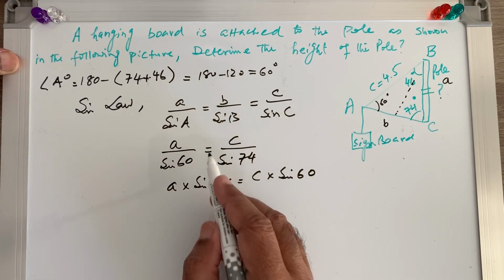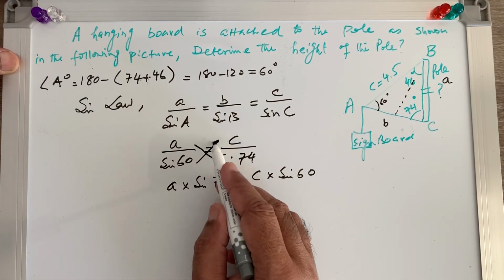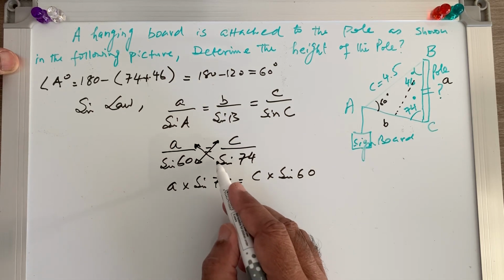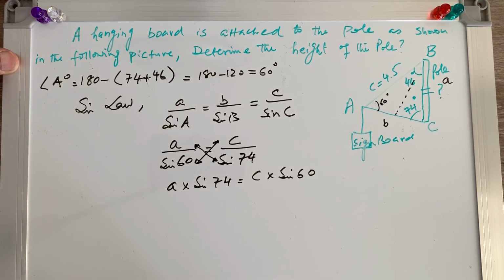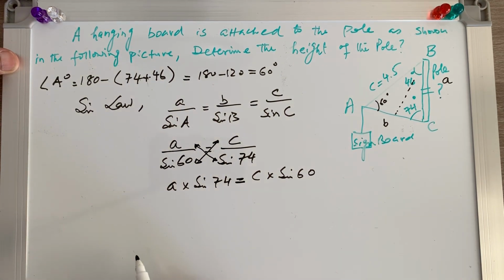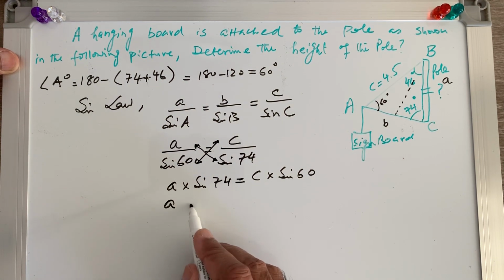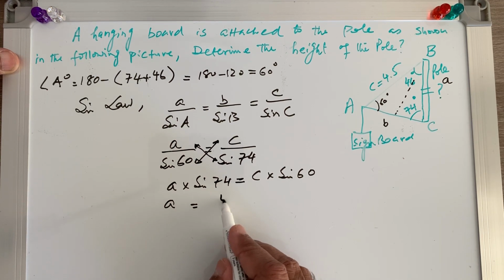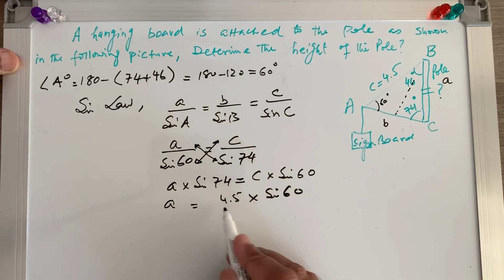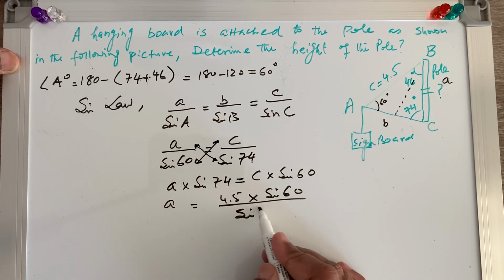This is called cross multiplication. We learned that before. This multiplied with the denominator of the other side. So a is my unknown, so a equals c, which is 4.5, times sine 60 divided by sine 74.